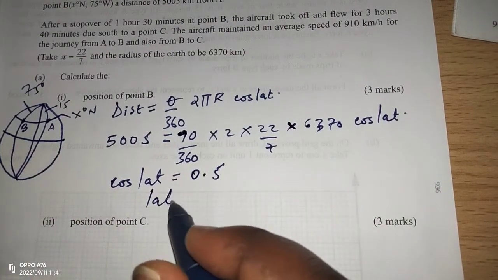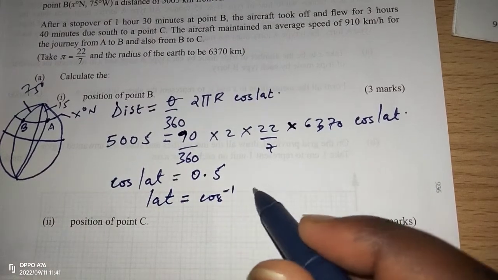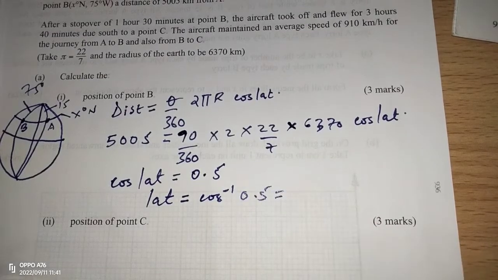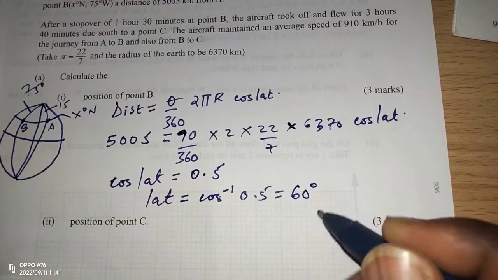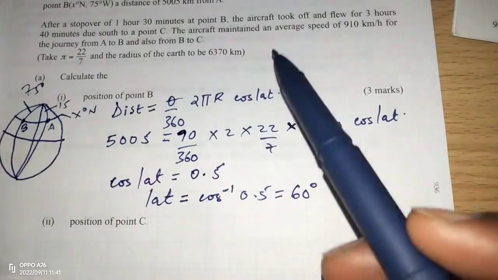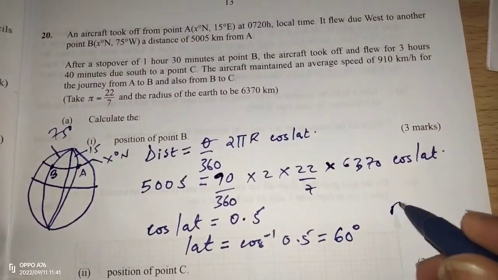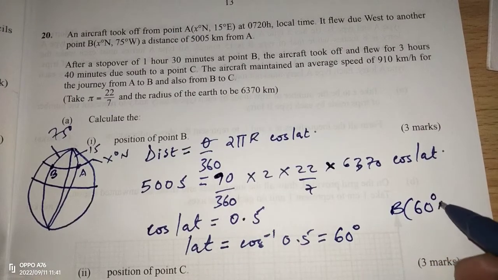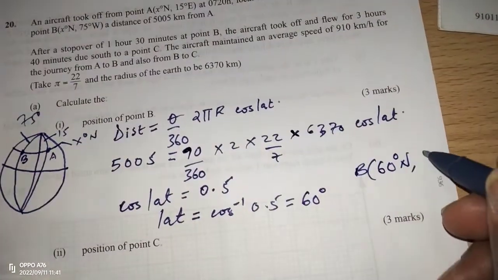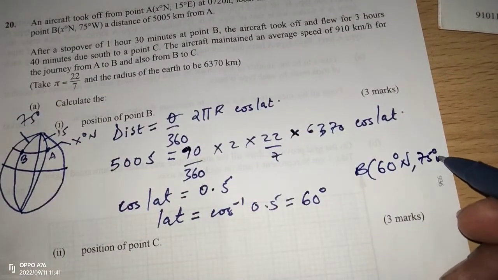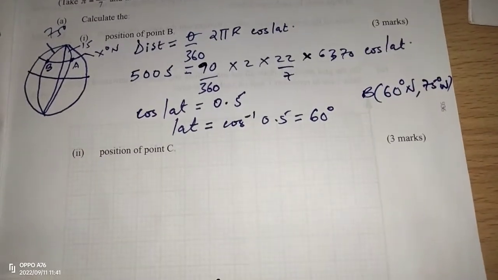So the latitude is gotten by the cos inverse of 0.5. This is going to give us 60 degrees. If it is 60 degrees and it has been specified that it is to the north, then the position of B is going to be 60 degrees north, and B is also at 75 degrees west. So 60 north, 75 west.